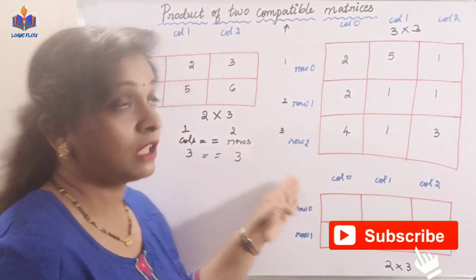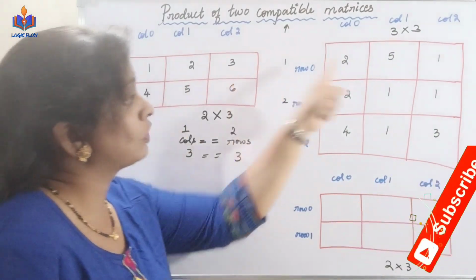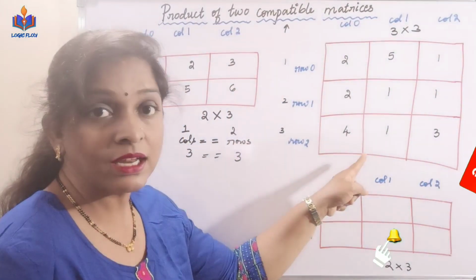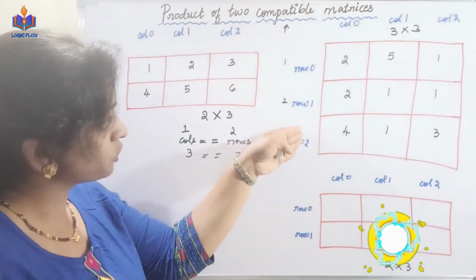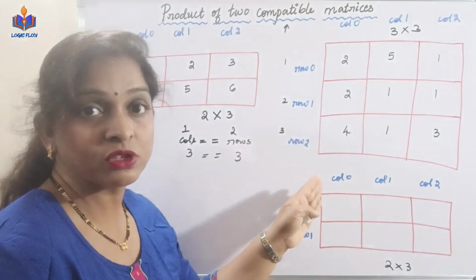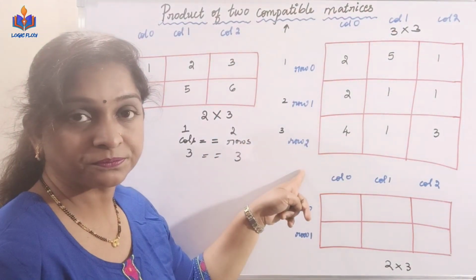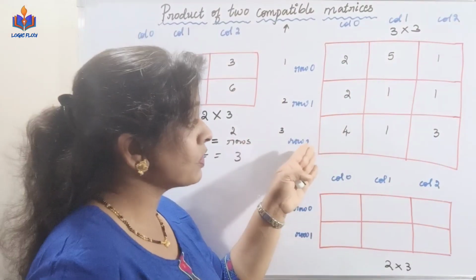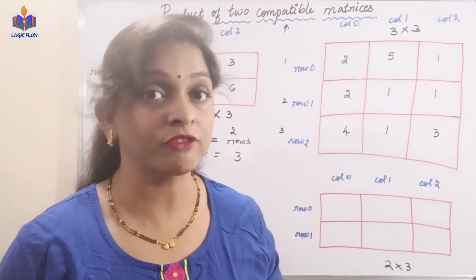The number of columns of the first matrix should be equal to the number of rows of the second matrix. Here I have 3 columns, so I should have 3 rows. If there is no row here, then I can't do the multiplication. That is what compatible means.